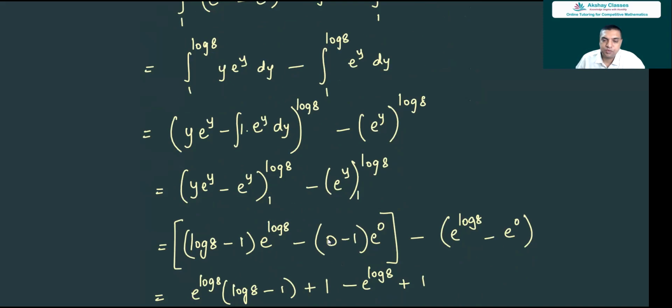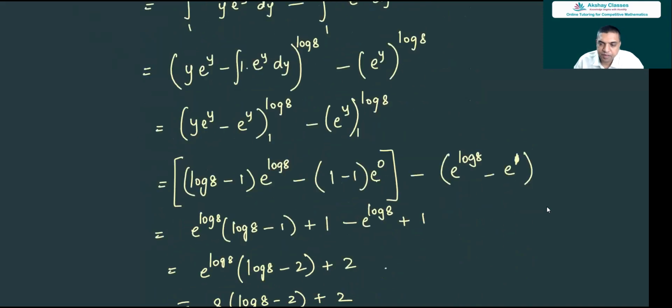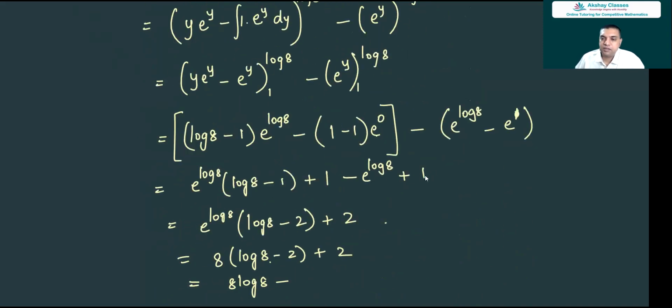So this is y will be 1. So this becomes 0. And this will be e power log 8 and e power 1. This is plus e. This is 0.